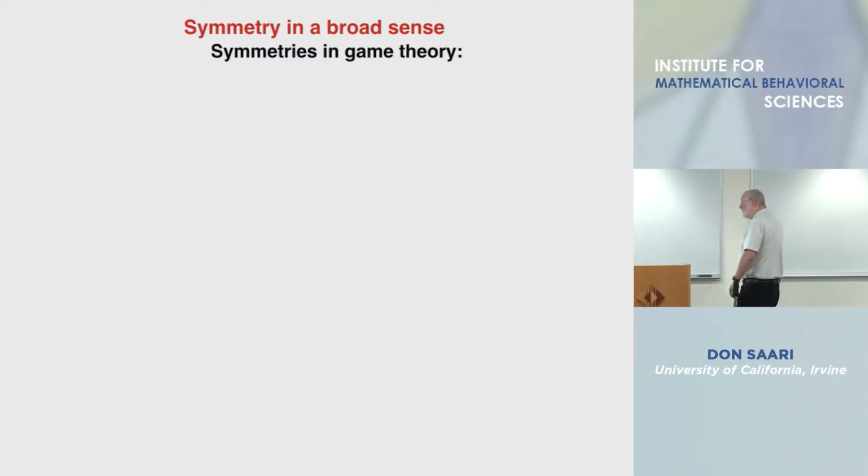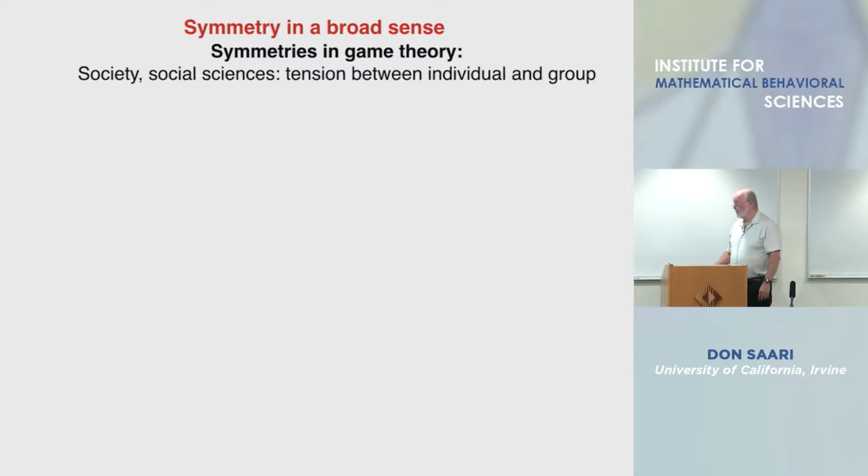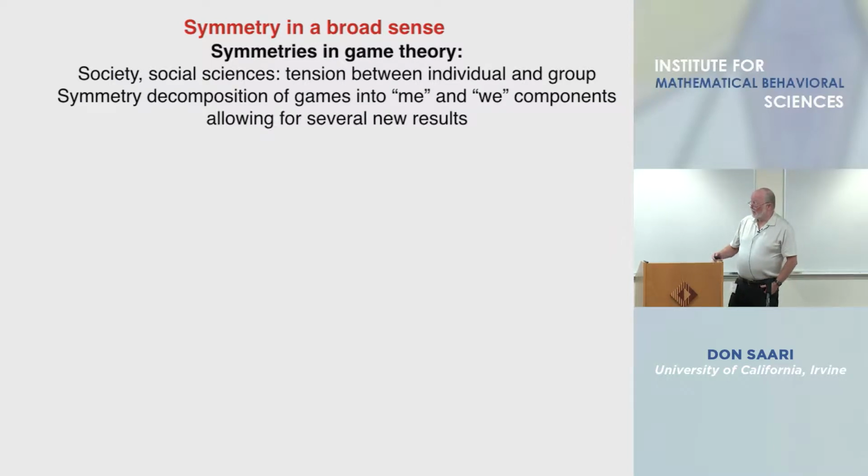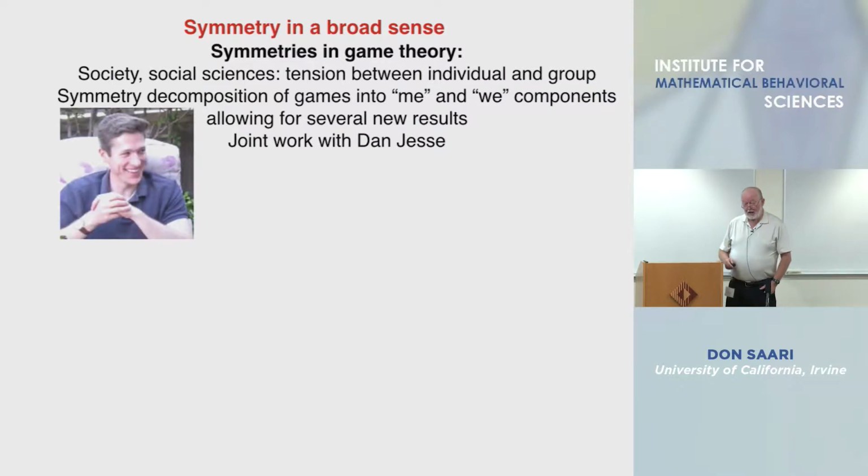An area where we talk about different things is game theory, and it turns out that there are hidden symmetries in there. They're not obvious at all, but there are hidden symmetries inside whatever game you have. The symmetry allows you to decompose games explicitly into the part that gives you the me part, what I can do on my own, and the we part, where we need cooperation. With this, we're able to get several new results in game theory. This is joint work with Dan Jesse.